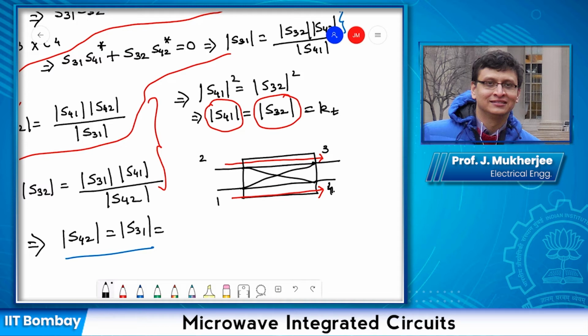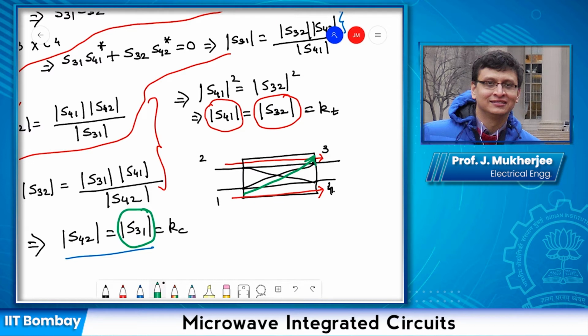And this parameter, we will call it Kc, because C implies coupled power. So, for example, the power that is going from input port 1 to the coupled port 3 is dependent on this parameter.